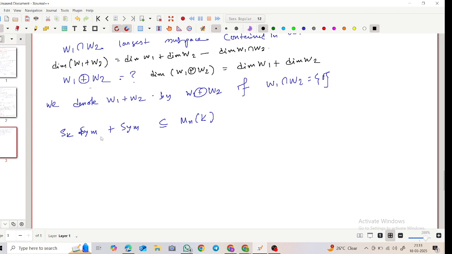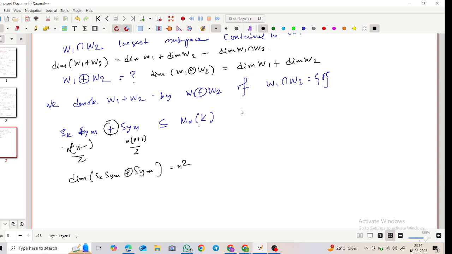The dimension of skew symmetric is n into n minus 1 by 2, and of symmetric is n into n plus 1 by 2. You add them up, and the dimension of skew symmetric direct sum symmetric is n square. So you have a subspace of MnK which has the same dimension as MnK.